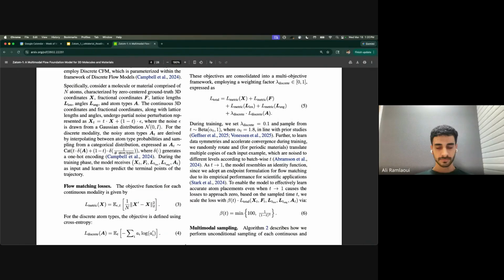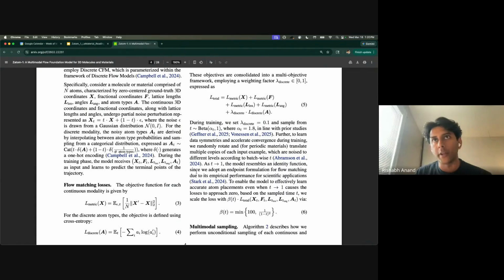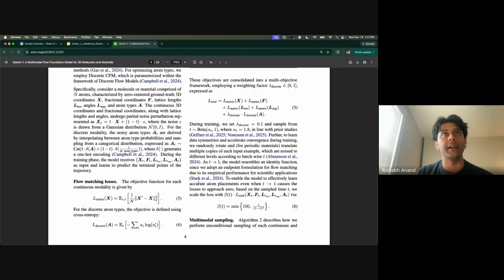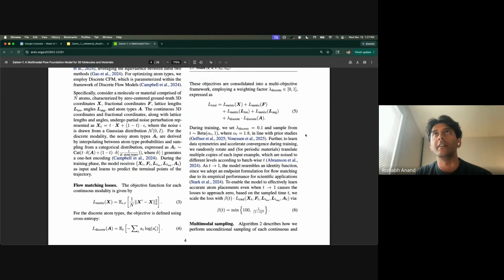Yeah, if you want to take this, Rishabh, otherwise I can. Sure. So we have different modalities: atomic coordinates, lattice angles, or lattice parameters in general, as well as the atomic identities. So it's a mix of continuous and discrete data. Taking all of these individual components together, it's just a linear sum, weighted differently.